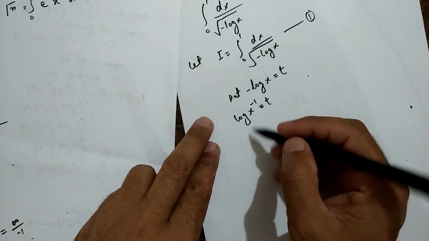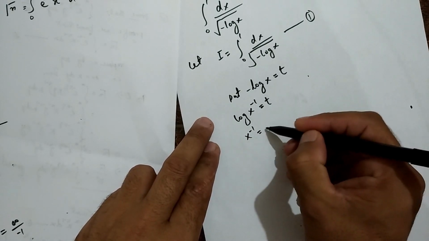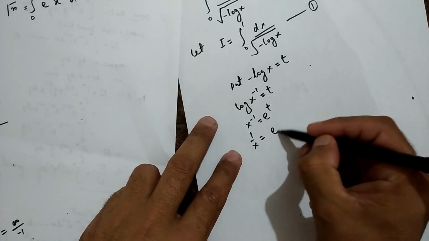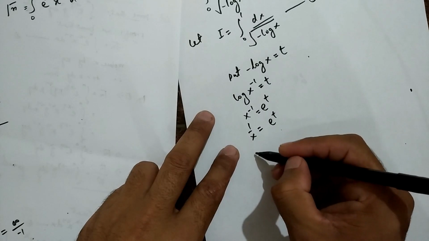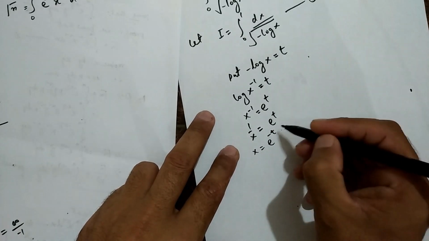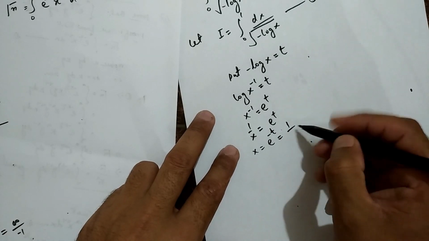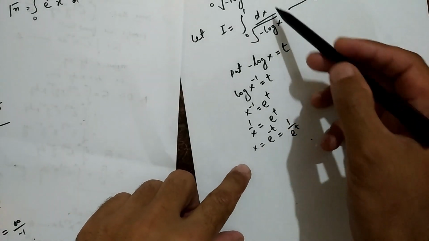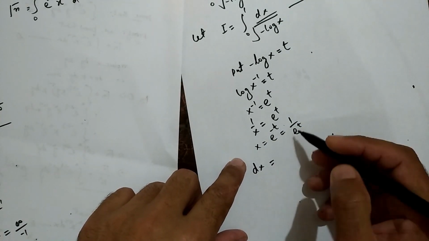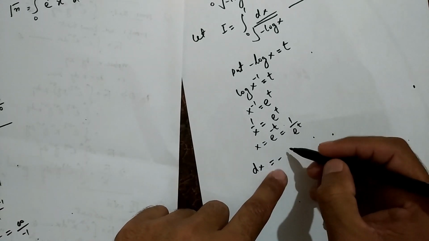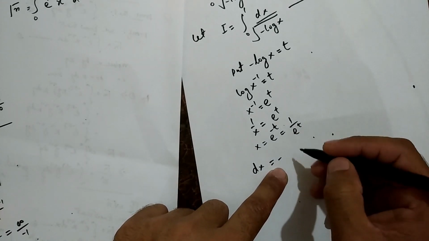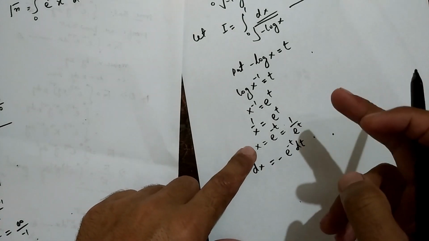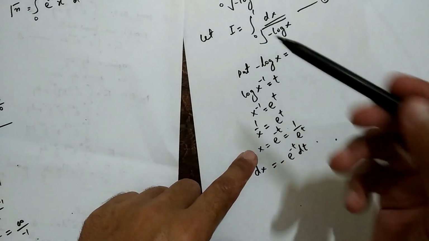To remove the log, we use exponential, so x inverse will be equal to e to the power t, or 1 upon x will be equal to e to the power t, and x will be equal to e to the power minus t, or you can write it as 1 upon e to the power t. As we made the substitution, what about dx? dx will be equal to minus e to the power minus t dt. Whenever there is substitution, we have to check the limits.